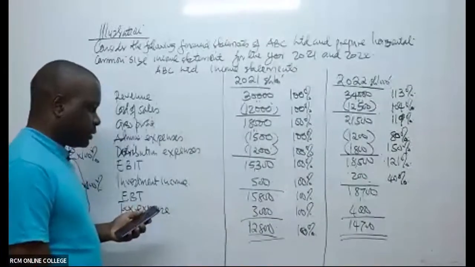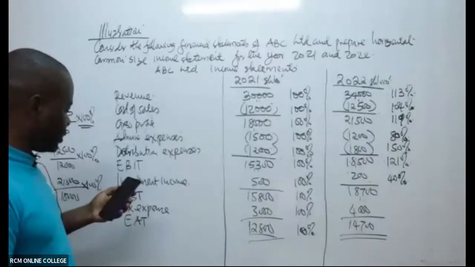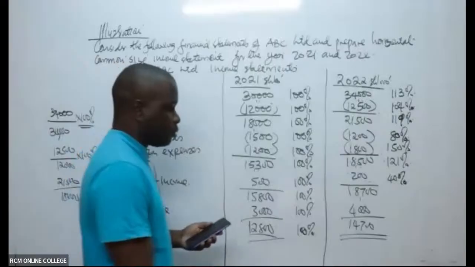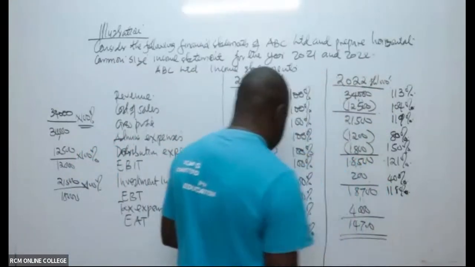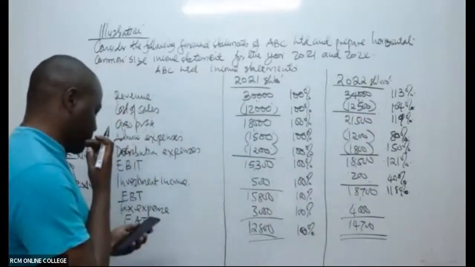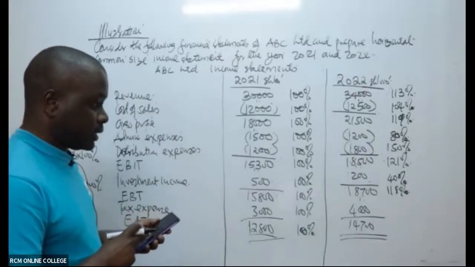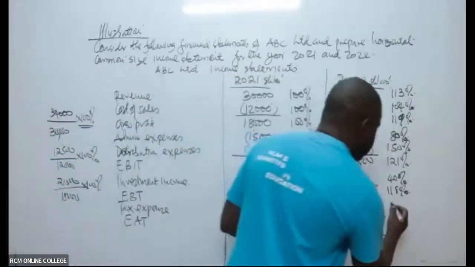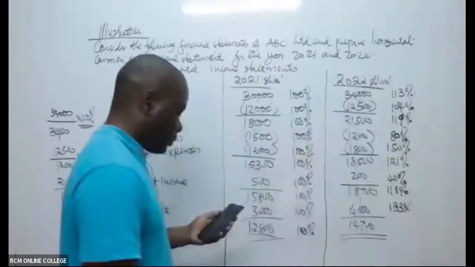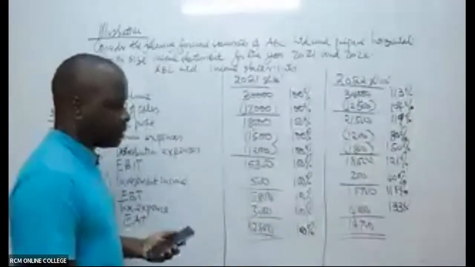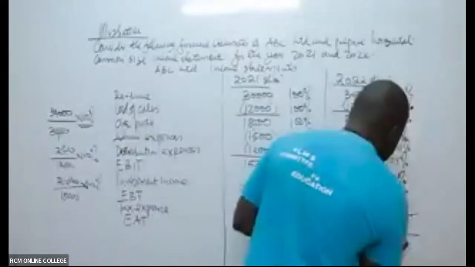The tax expense, that's 1% or 18%. What about the tax expense? Is it 133%? Then the last item, yes, 115%.